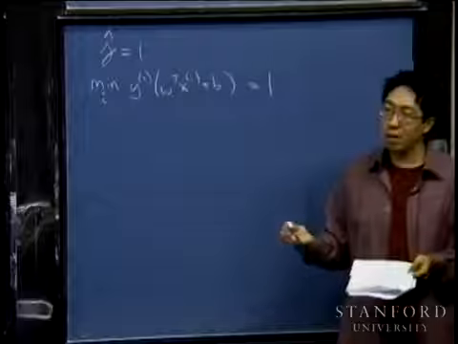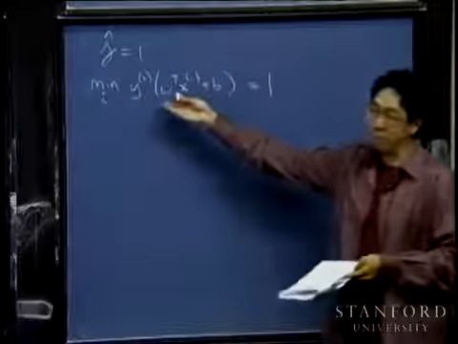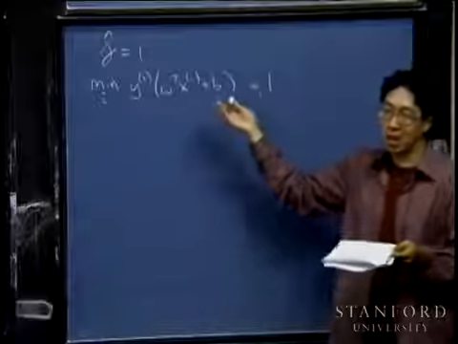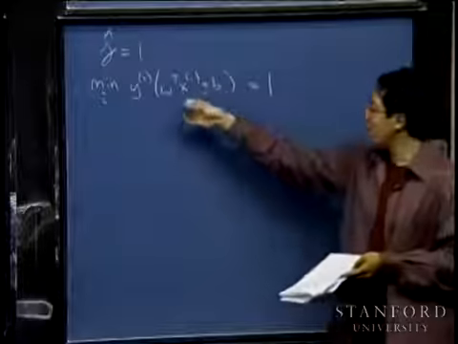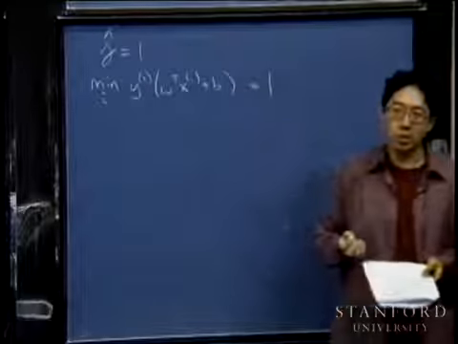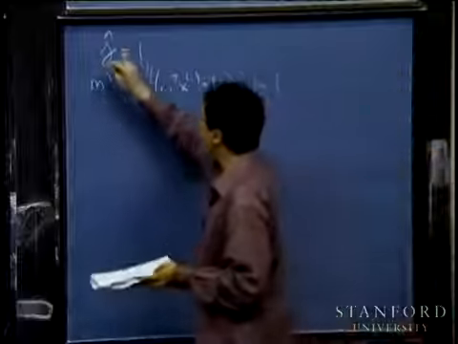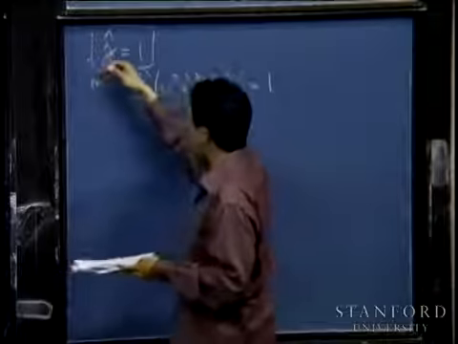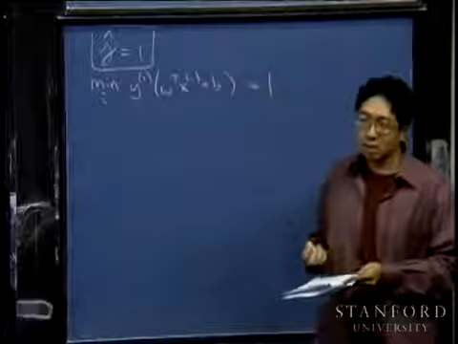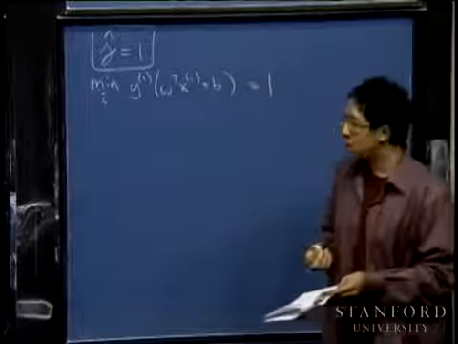Because if you solve for W and B, and you find that your worst case functional margin is actually 10 or whatever, then by dividing through W and B by a factor of 10, I can get my functional margin to be equal to 1. So this is a scaling constraint I'm going to impose, and this is more compactly written as follows. This is imposing a constraint that the functional margin be equal to 1.